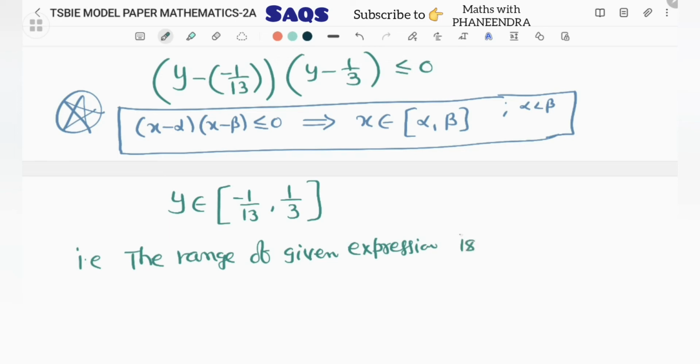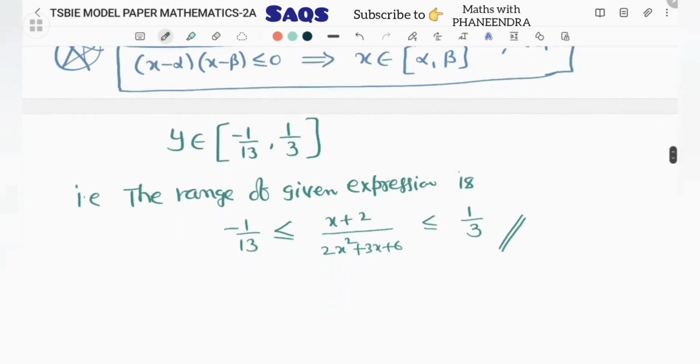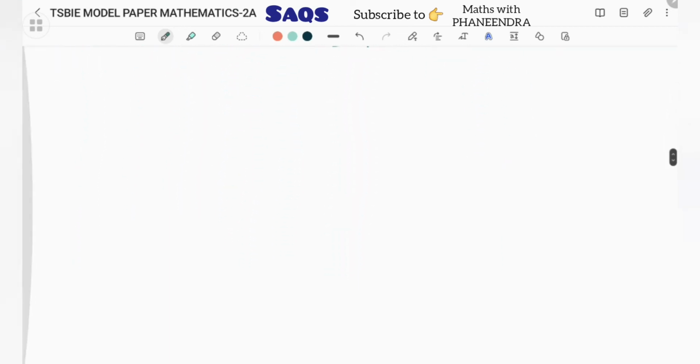We can write it like this: minus 1 by 13 is less than or equal to x plus 2 by 2x square plus 3x plus 6 is less than or equal to 1 by 3. I hope you people understand this, students. We'll move to the next question.